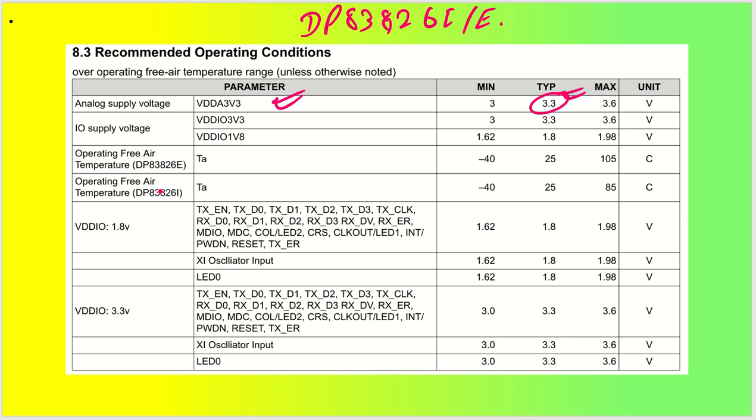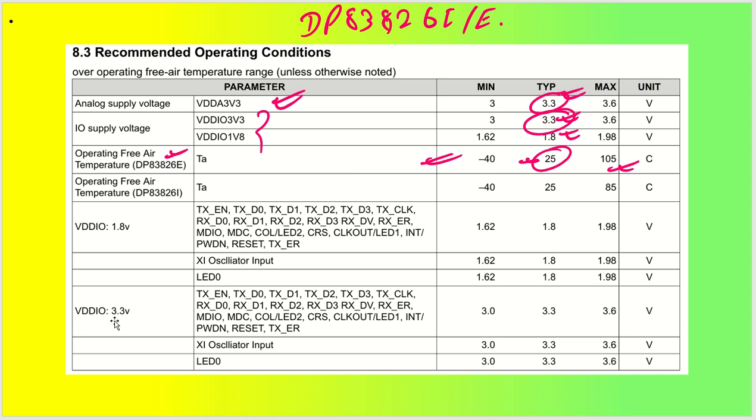The supply voltage for the IO lines, that is input output lines, has two levels, 3.3 volt and 1.8 volt, and our aim would be to work with 3.3 volt. The operating free air temperature is typically 25 degree centigrade, but it can go as low as minus 40 and as high as 105 degree centigrade.